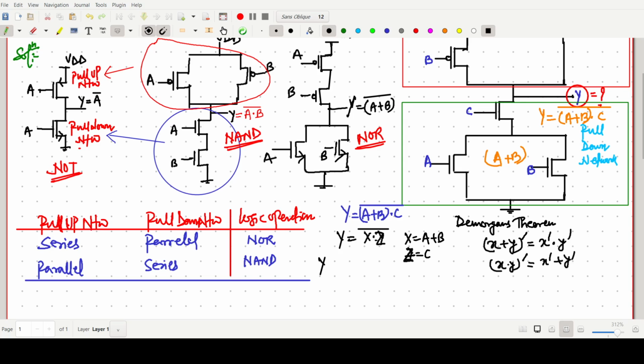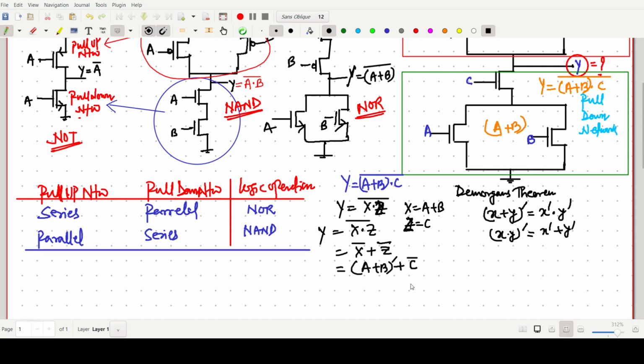So C is z. Y equals x dot z bar, which is nothing but x bar plus z bar. Then x bar is simply (A plus B) bar, plus C bar.